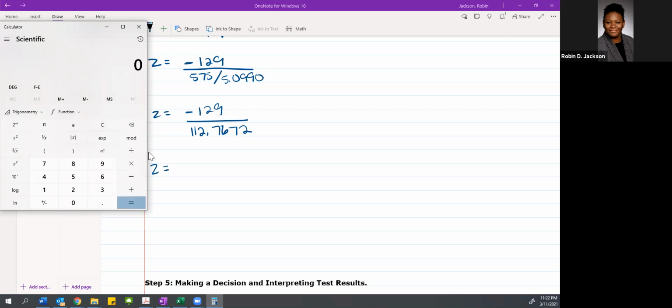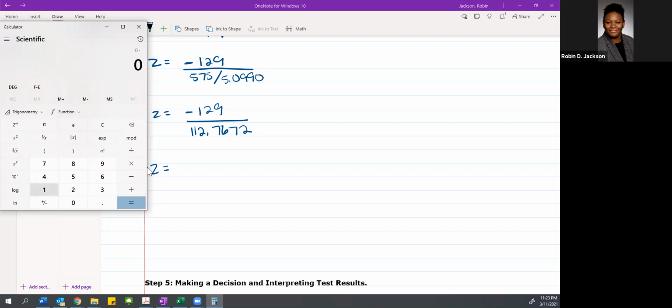If you don't want to think about it, you just want to plug the numbers in. I intuitively know that when you divide a negative number by a positive number, the outcome is going to be negative. The only way this would turn positive is if the number on the bottom was negative as well, but it's not. But if you have trouble with that, go ahead and put the symbol in there.